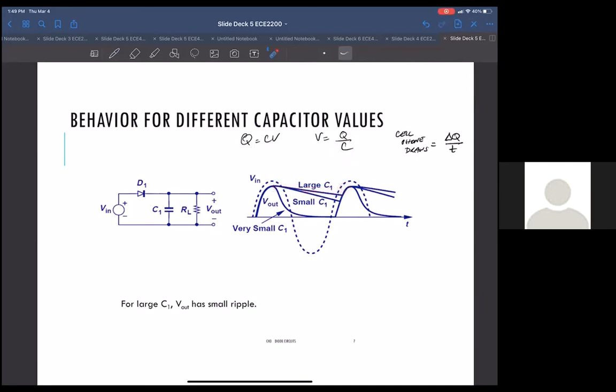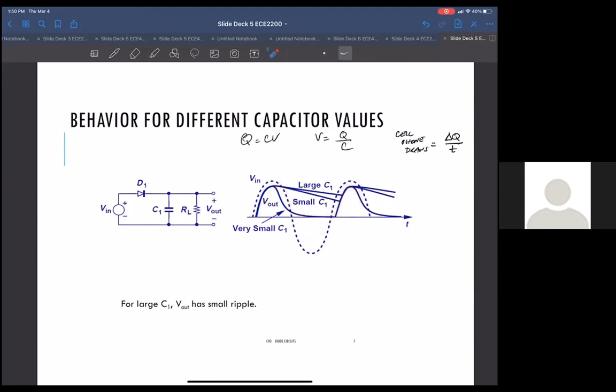So the smaller this capacitor gets, the drop gets more and more, which is a worse and worse situation. And if you had a very small capacitor, you would completely discharge to ground and then turn back on again when Vn gets to be VD on, etc., which would be a disaster.